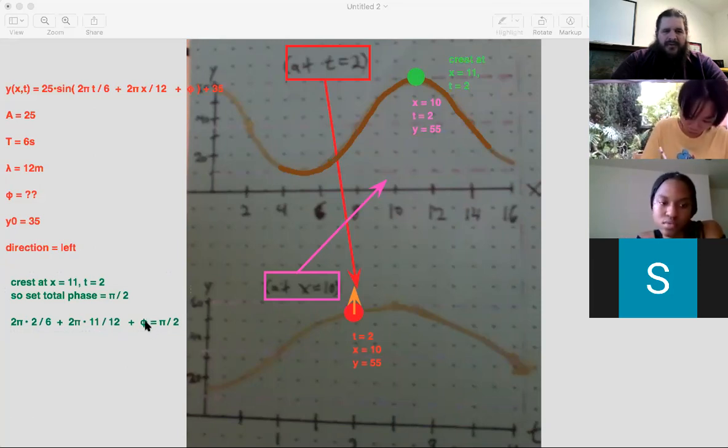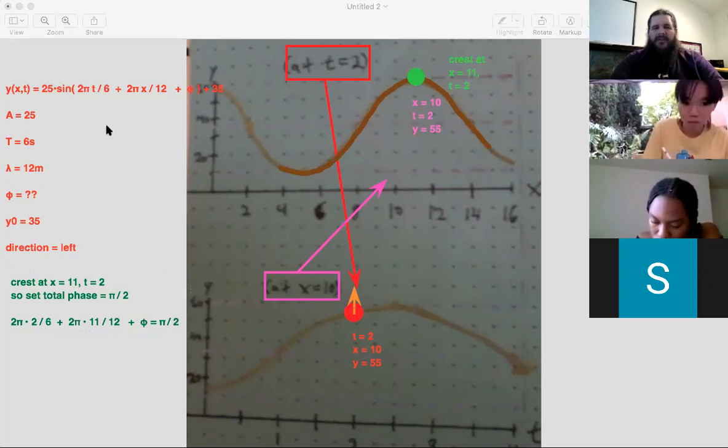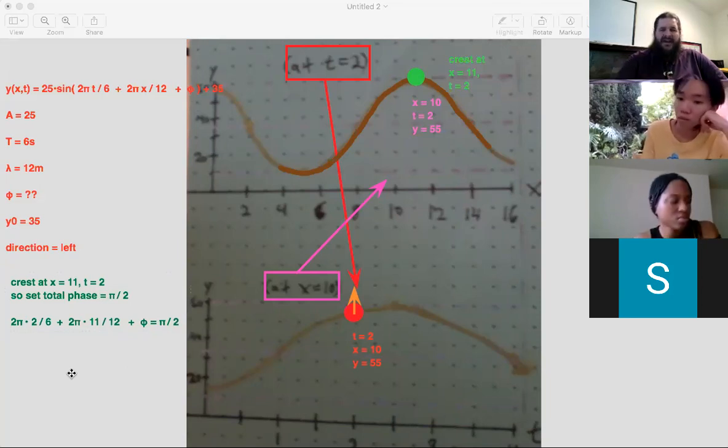Yeah, so you can now solve that for the phase constant. Plug that back into the original equation, leaving x and t as variables because we want y to be a function of variables x and t. But plug in the phi value and you now have your complete equation for the wave, which you could then use to predict, for instance, the height of the wave at any position at any time. That equation fills in all the information about the entire wave.